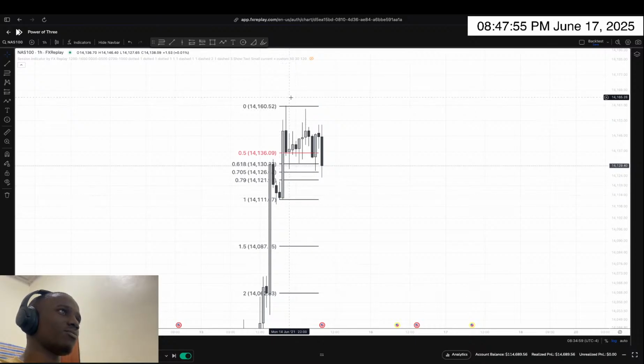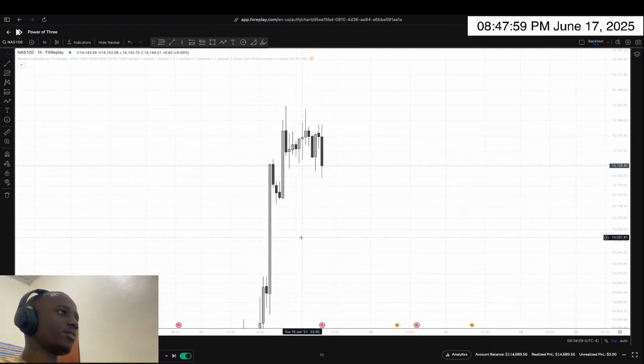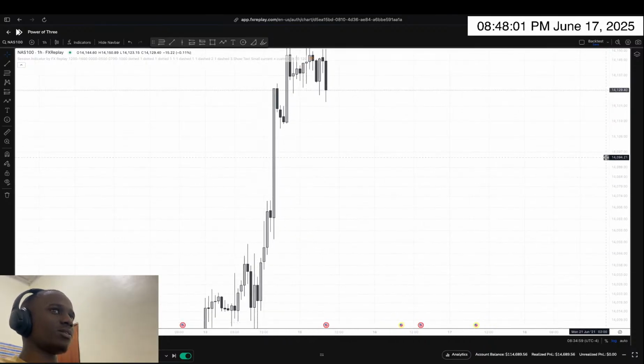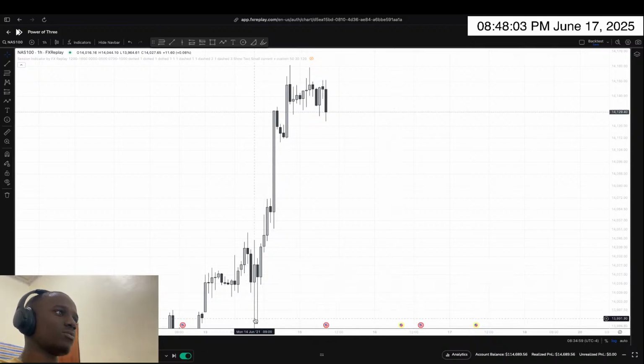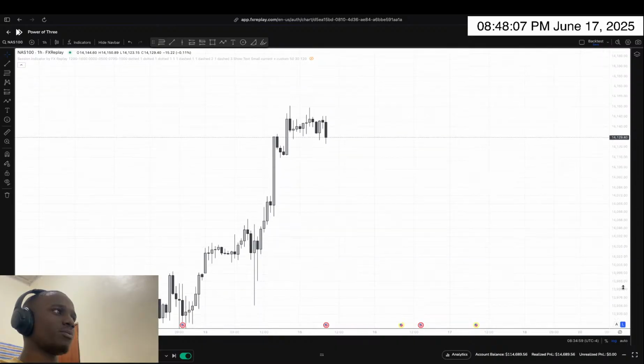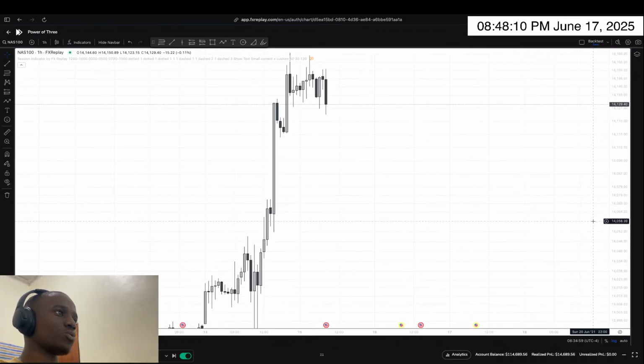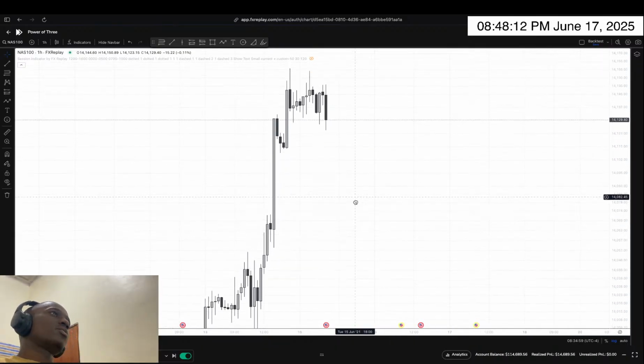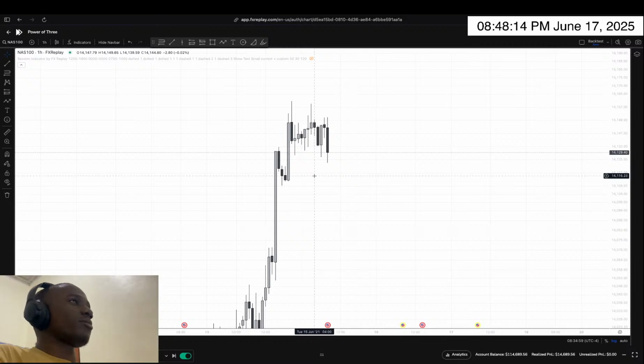From this high to this low, you can see we already rebalanced and even reached into OTE. And from this low to the most up one, there's no rebalance. So it's very possible that we might not get a move.